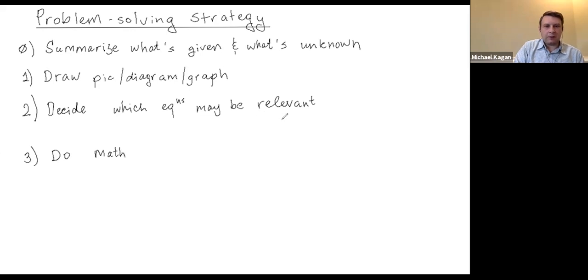Okay, so how do you decide which equation is actually relevant? Well, every equation has a bunch of symbols in it, right? A bunch of variables. Some of them are given, some of them are not. So let's say you have an equation that looks like a plus b equals c, just some silly equation.